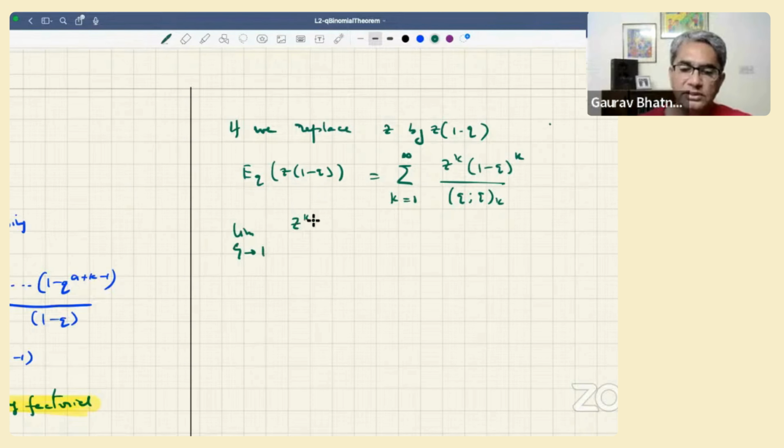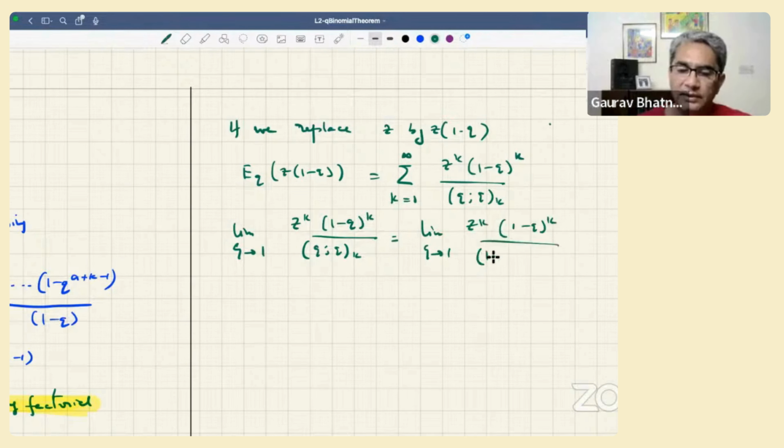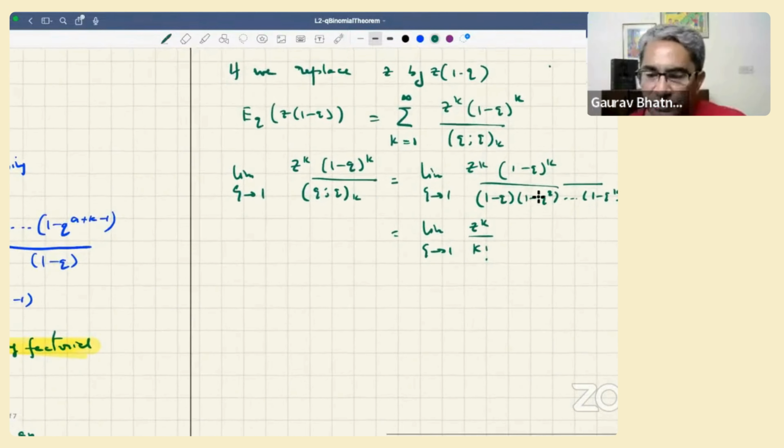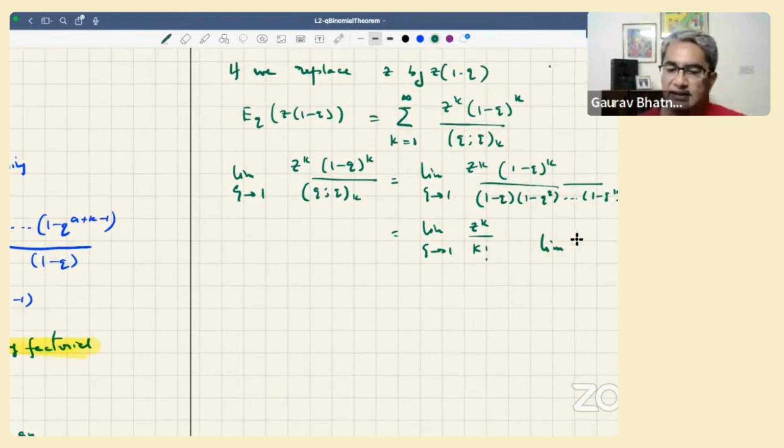Let's look at this term-wise. This is equal to the limit as q goes to 1 of z^k (1-q)^k, and here you get (1-q)(1-q^2), and so on. So you get k factorial using the same limit. Again, this is as difficult as it gets taking limits here.